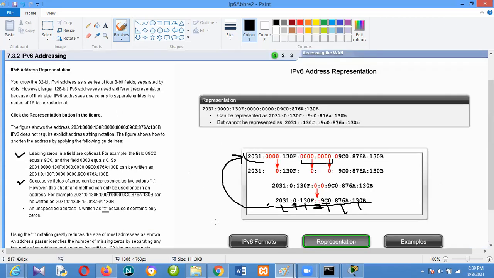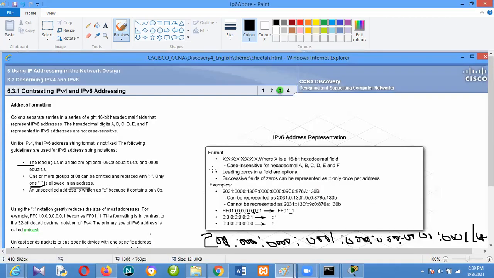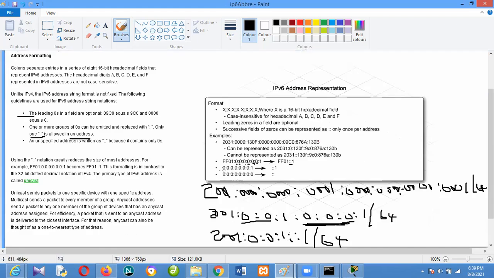So from what I've explained so far, you're supposed to be able to abbreviate IPs. Like this one now, if you look at it, they're all successive fields of zeros, so I use this. This one is the unspecified address. That is why it is this. So with this, you can abbreviate any kind of IPv6. This one was abbreviated to this.